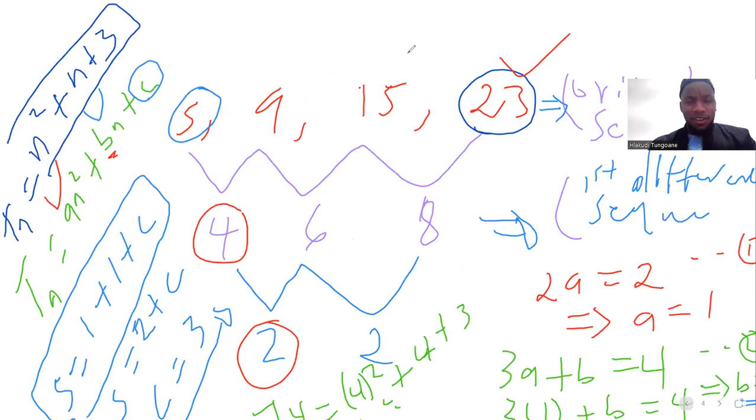Okay, thanks guys. I think I'm going to leave it here. But I hope that at the end of this video, you will now be able to understand the difference between the 3 sequences that you can get asked, and be able to derive the general term formula.